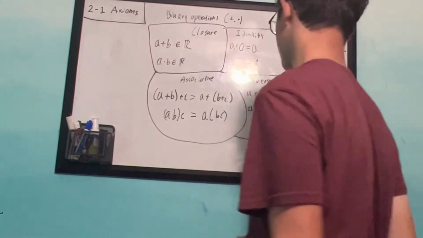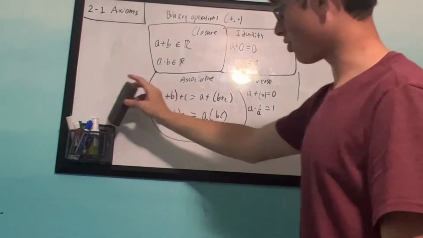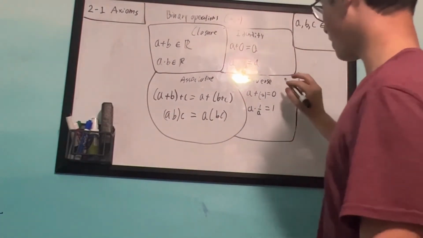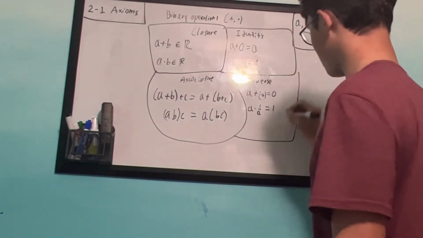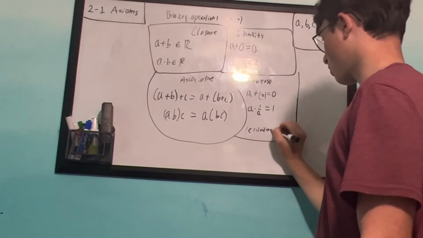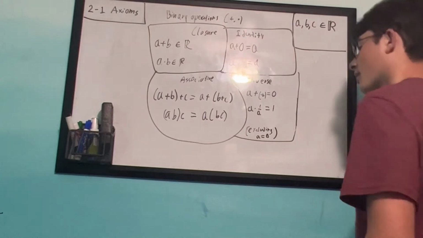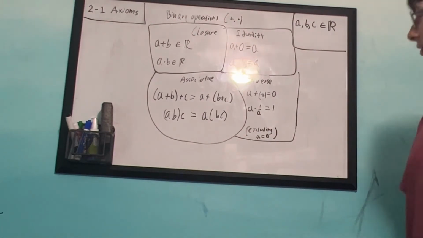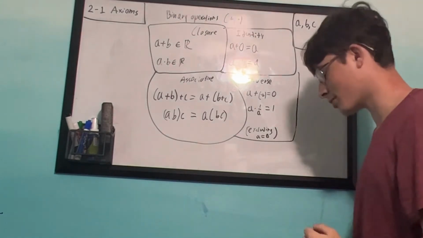And the same is true, the naturals don't have a multiplicative inverse since all of the naturals are whole numbers. And something to note for the inverses, excluding the case where A equals 0 because that breaks everything. Because 0 times 1 over 0 is not necessarily where you want your calculations to be going.